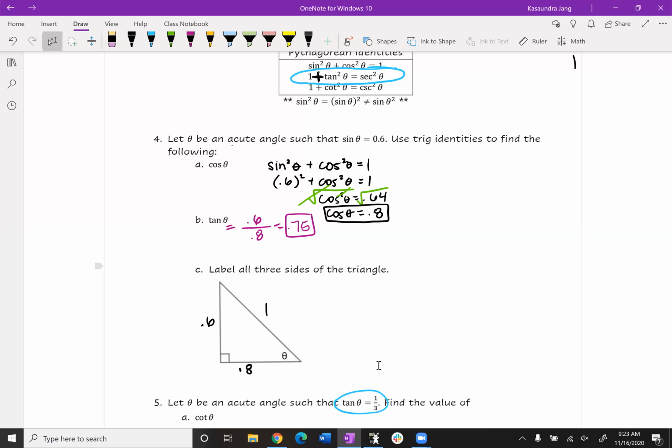Okay, so the stuff that I have in blue here, let's make these guys work together. So they told me that tangent of theta is 1/3. So in this equation, I'm going to make my tangent theta 1/3. All right, you okay with that?